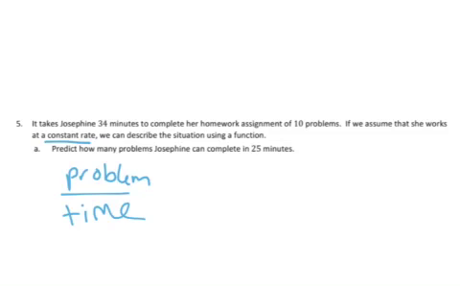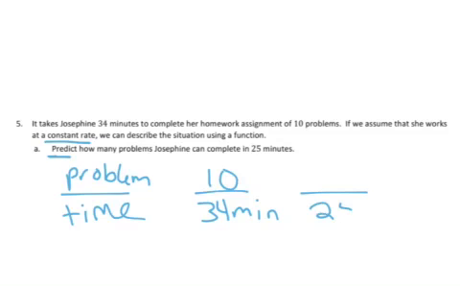So we're thinking she can do 10 problems in 34 minutes. All they want us to do is to predict or estimate. So if they're only giving us 25 minutes, predict what you think it might be and write it down in your book. I'm going to say that 25 minutes is less than 34 minutes. So I might do a prediction at, I don't know, 6 problems.